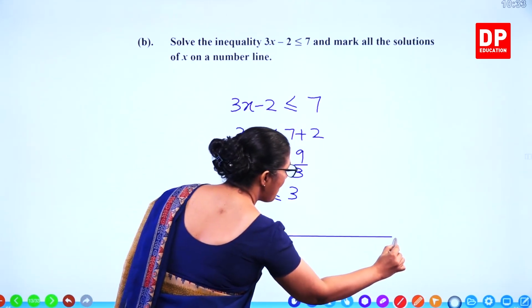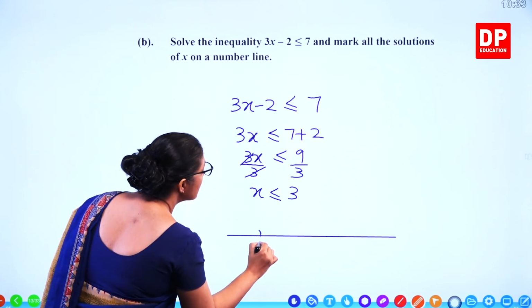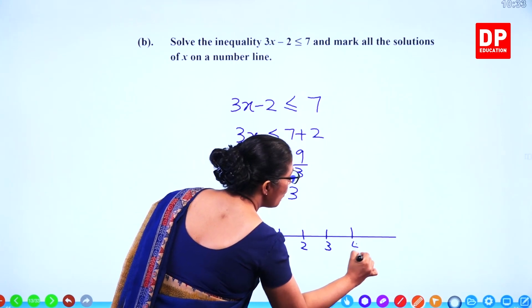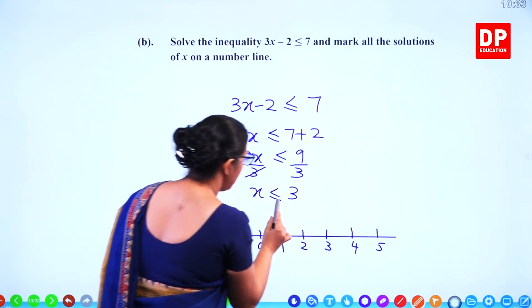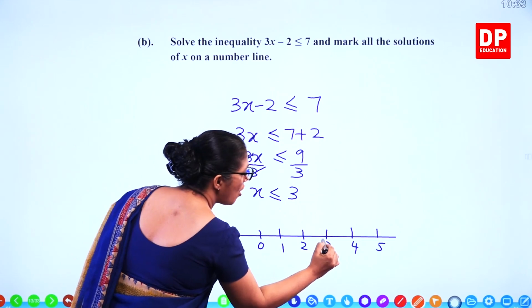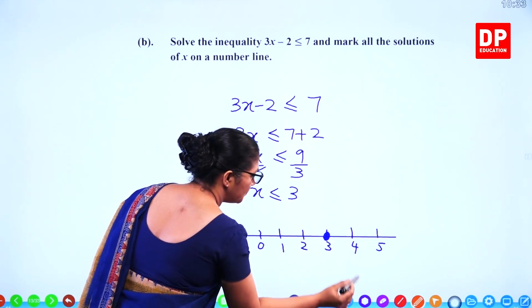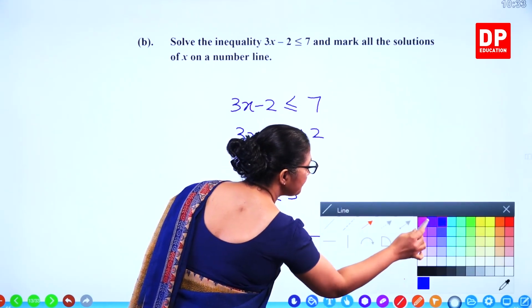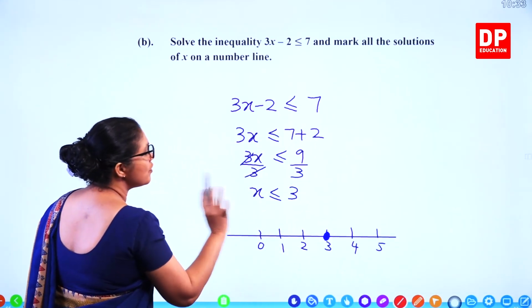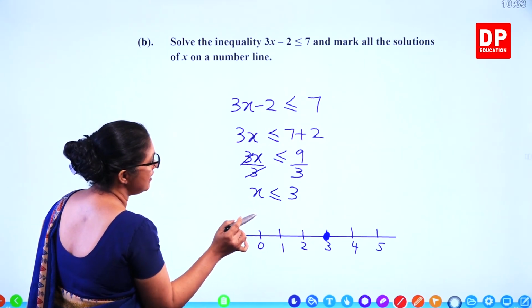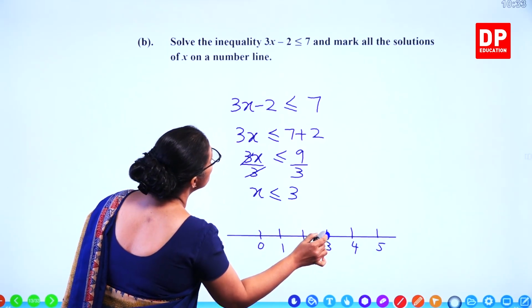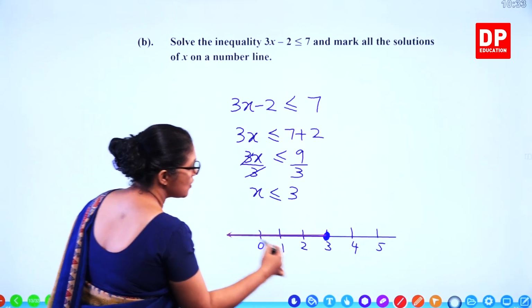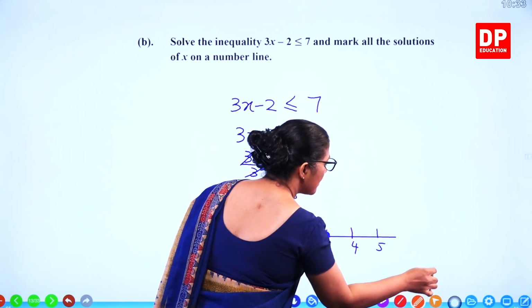Mark 0, 1, 2, 3, 4, 5 like that, and then this is equal to 3. So we draw a solid circle and mark it. Less than 3 means this way, so all possible answers to the left.